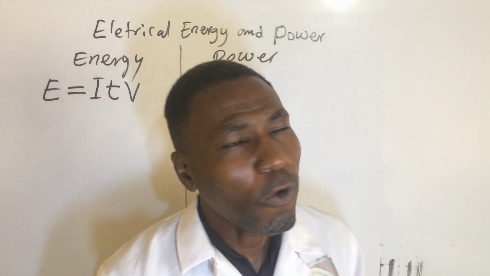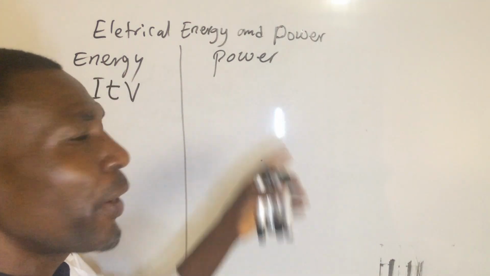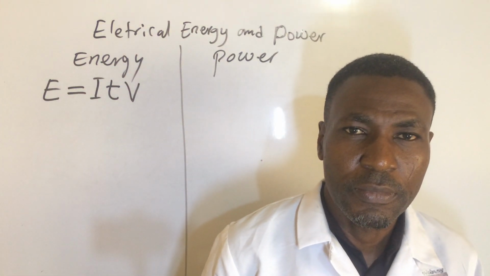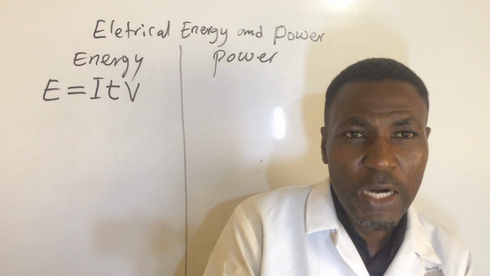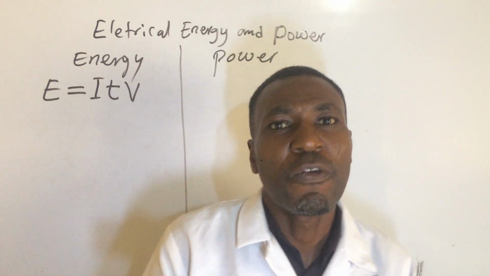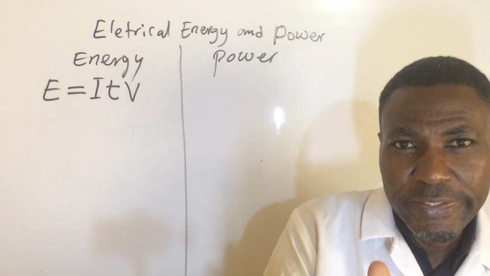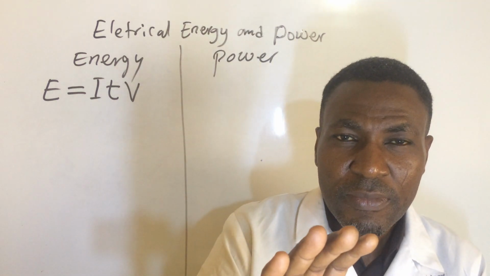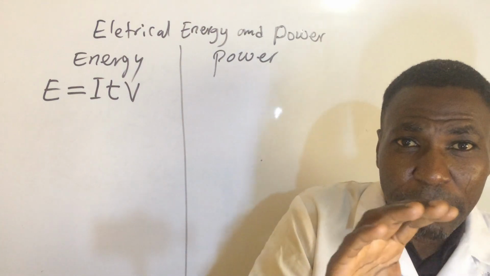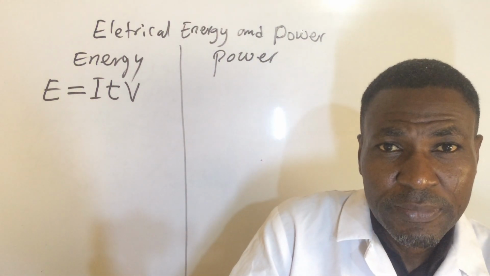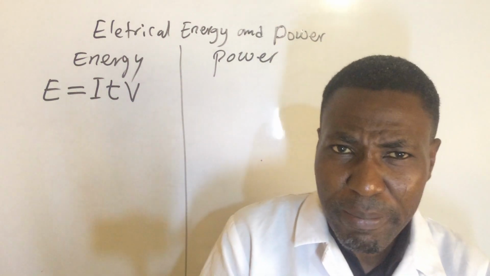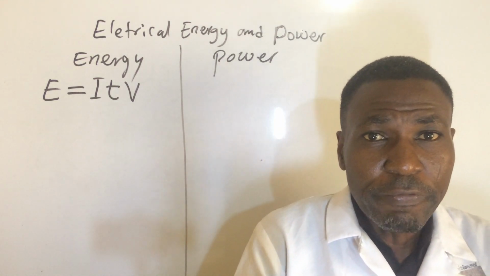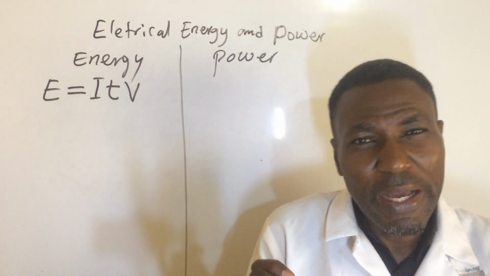Then for power, it is the rate of doing work. Electrical power is the rate at which electrical appliances do the work. How fast these electrical appliances can do the work and how slowly. Remember, if it can do the work efficiently and very quickly, it will consume little time.